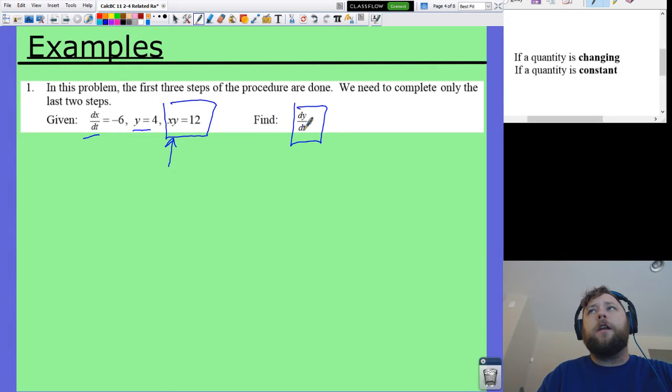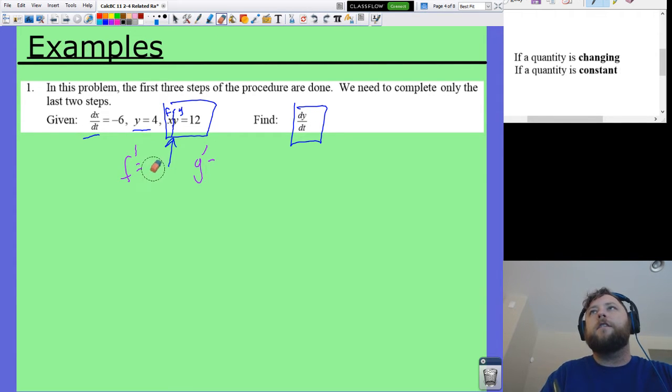Now, I want to find dy/dt. When I get to this point, I have the equation and it's just two variables, so I'm going to differentiate this equation. Remember, you're going to have to do the product rule here. That's your f and your g. f prime is going to be 1, and g prime is going to be 1. Well, it's not 1. Remember, it's with respect to time.